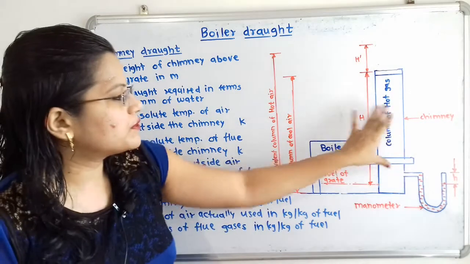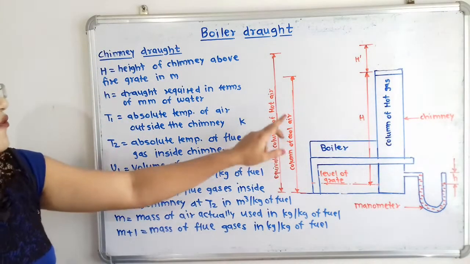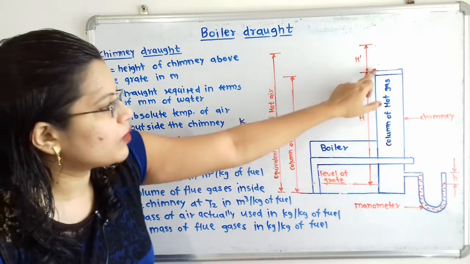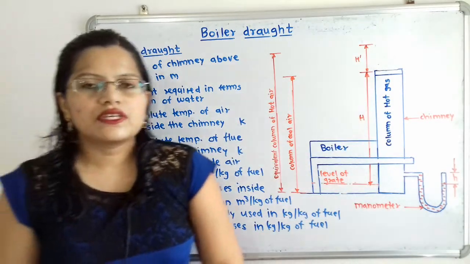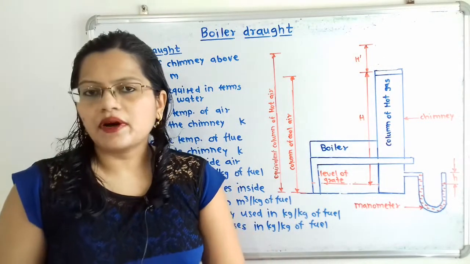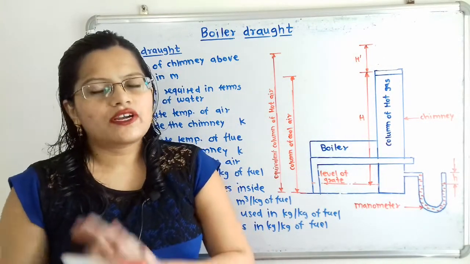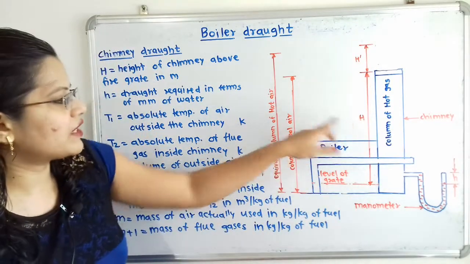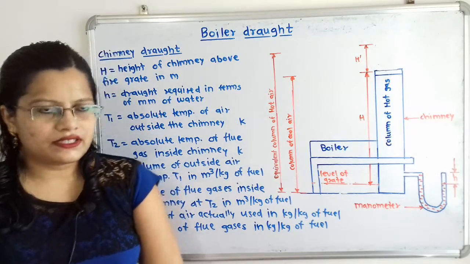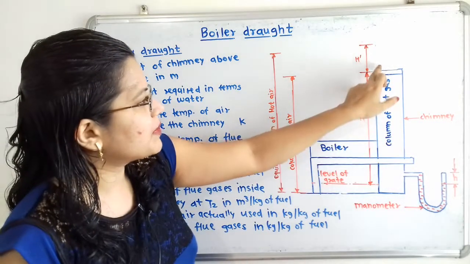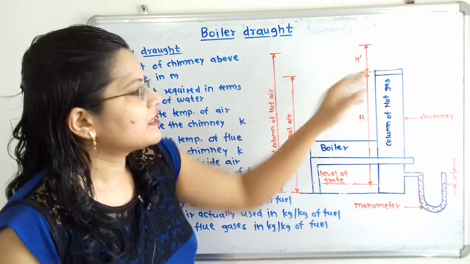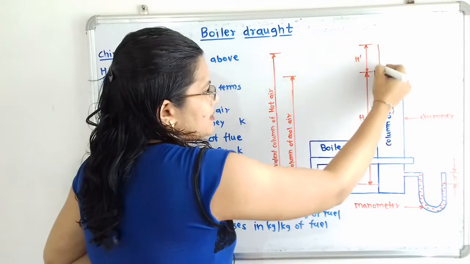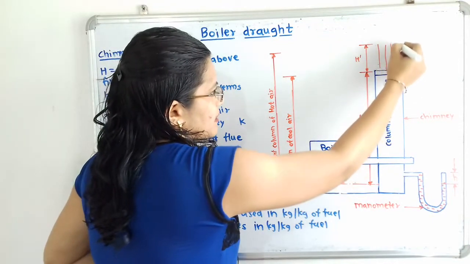Now if we observe this diagram, here the column of cool air is given. So this is the column of cool air and that is equal to the height of chimney. This outside air is nothing but the air in contact with the outside of the chimney, and this is the column of cool air that we have to take, which is equal to capital H. Now when flue gases are coming out from the chimney, the hot gases are available in this way.